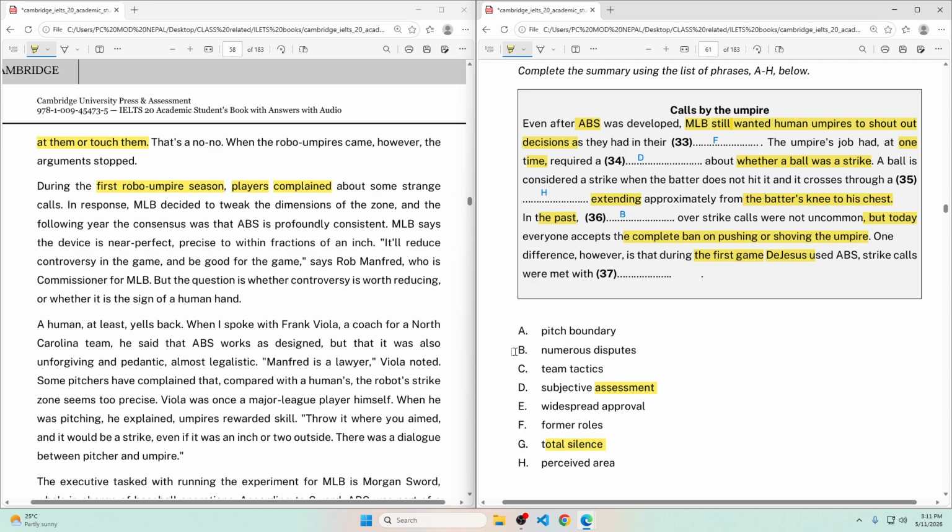We have already used B, we have used H, we have used F, we have used D. So strike calls were met with pitch boundary, team tactics, widespread approval. It doesn't make sense. The grammar does not work. Met with widespread approval or met with total silence. Total silence is the only option that makes sense here.